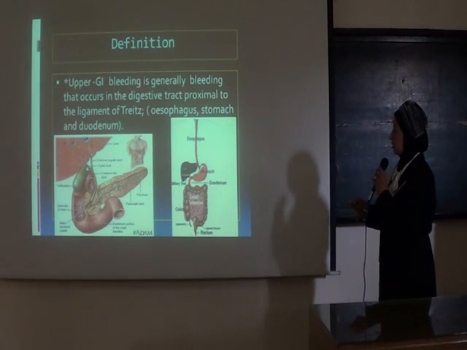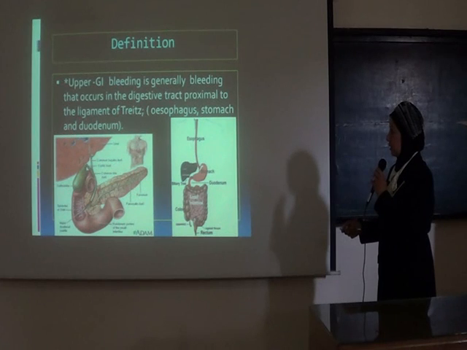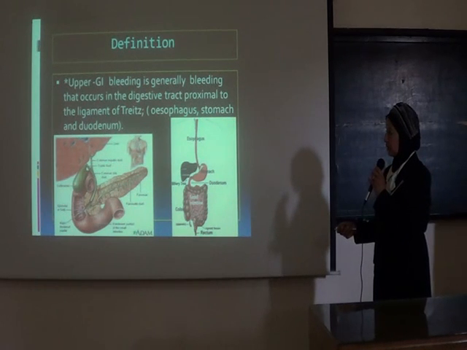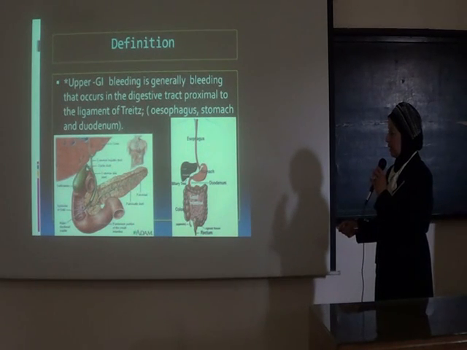Sometimes a systemic illness, special vascular disorders, or hematological disease can present with increased bleeding tendency and upper GI bleeding.